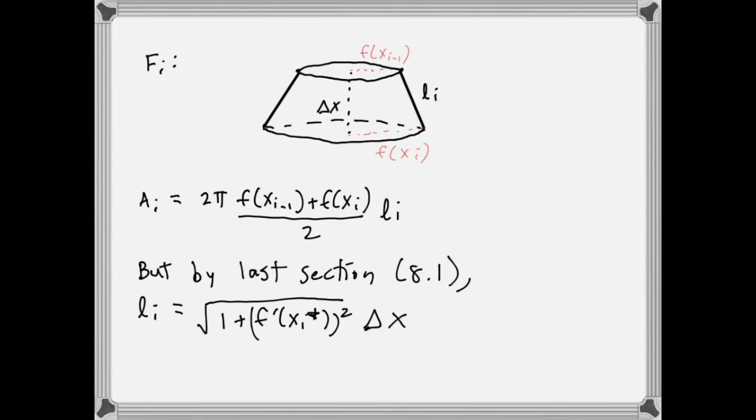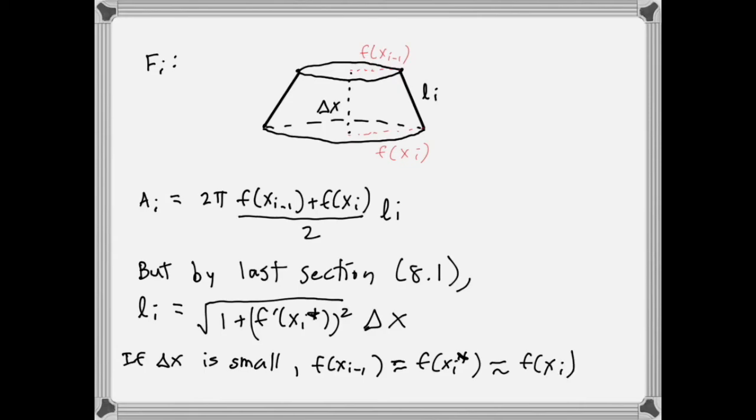Now, what do we think about delta x? Okay? If delta x is small, in other words, the height is really small of this thing, then those two f's are about the same, aren't they? f of xi minus 1 is approximately equal to f of xi star, which is approximately equal to f of xi.